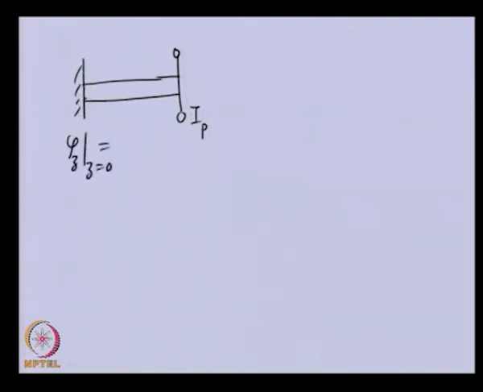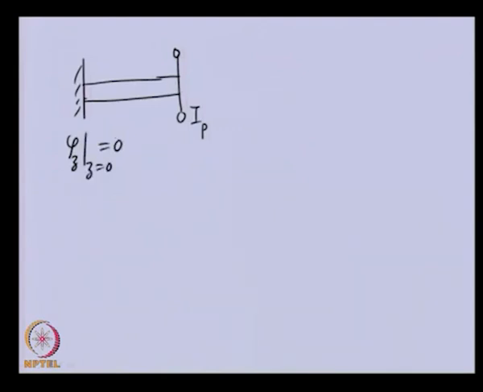So, we have in this particular case a cantilever shaft having distributed mass and stiffness properties, and there is a concentrated disk at the end. Let us say the polar moment of inertia of that is I p. In this particular case, we can see the boundary conditions. This particular disk we can take into the boundary condition. At the fixed end the boundary condition is the same, that is, at z equal to 0 it is 0.